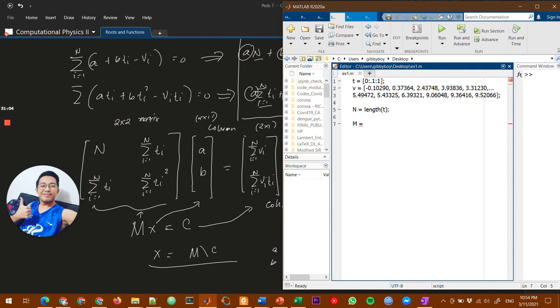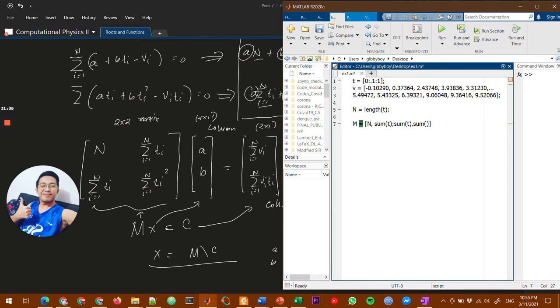So, pwede ta mag-ingon ani: you have n, comma, sum of t; and then semicolon, next nga row, you have sum of t gihapon, comma, and then sum of ti squared.